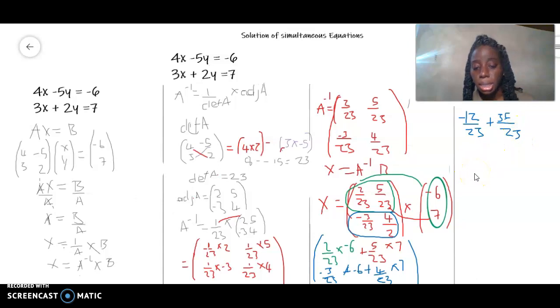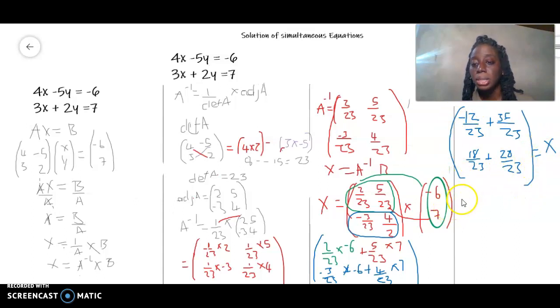And in the second row, negative 3 over 23 times negative 6 will give me 3 sixes are 18 over 23, plus 4 sevens are 28, so that is 28 over 23. And this is equal to X.